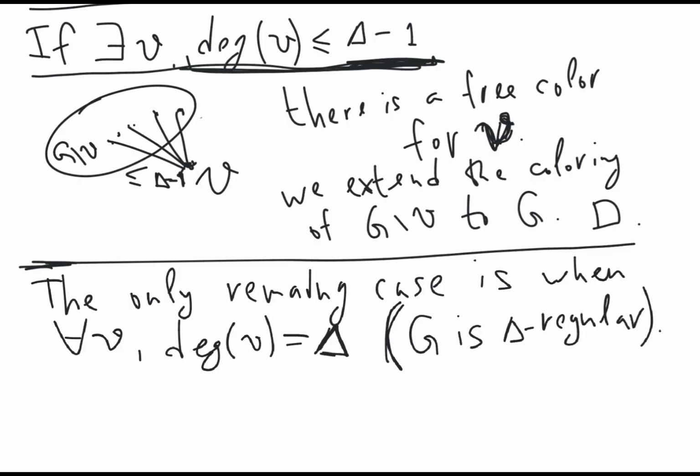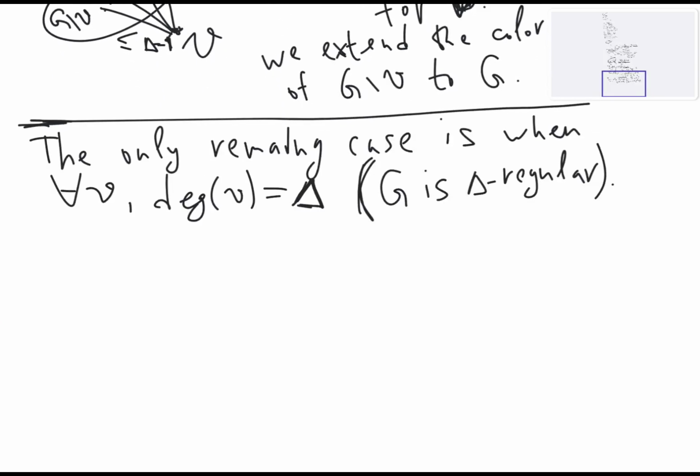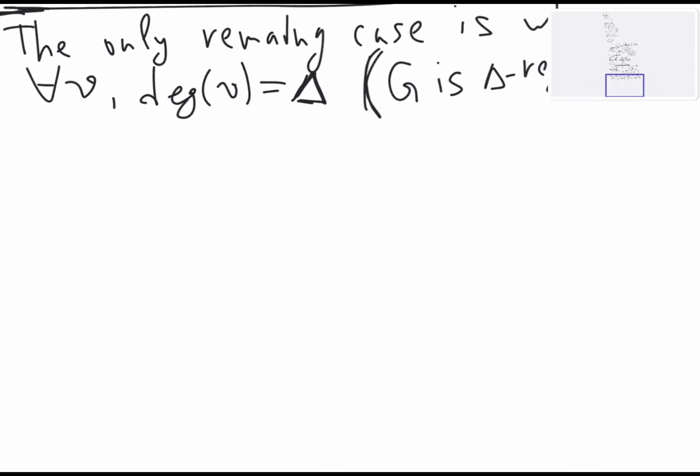When all vertices in the graph have the same degree, the graph is called regular. And if the degree is delta, it's called delta regular. So that's the only remaining case. So that's what we consider.